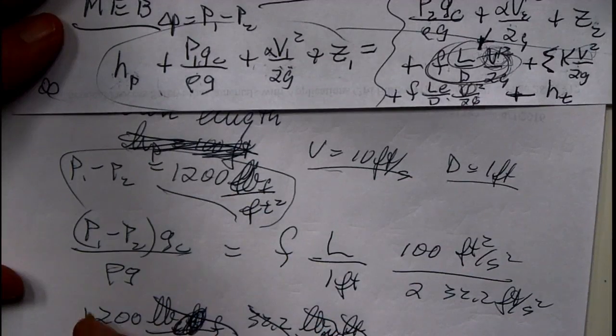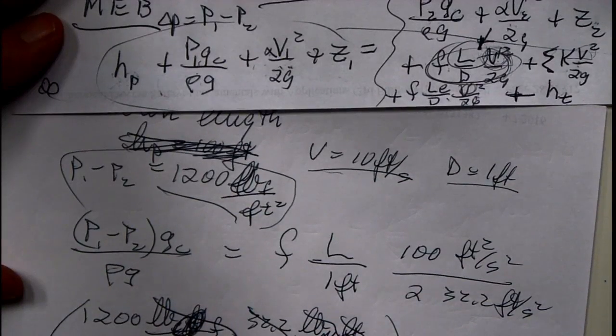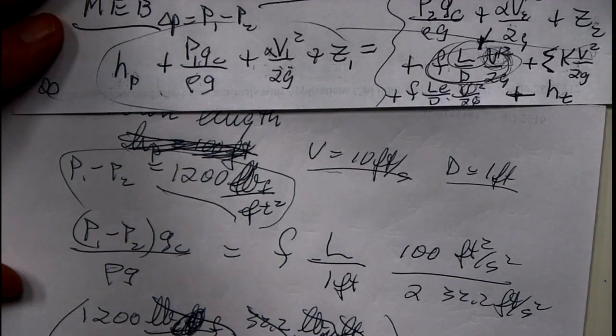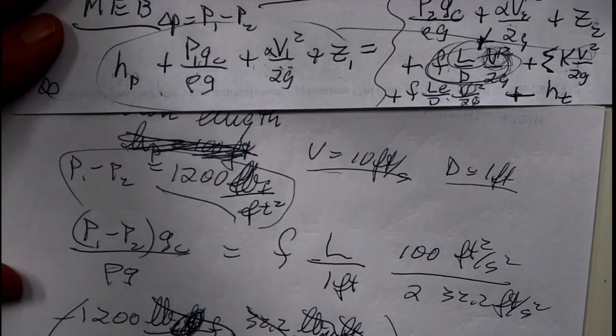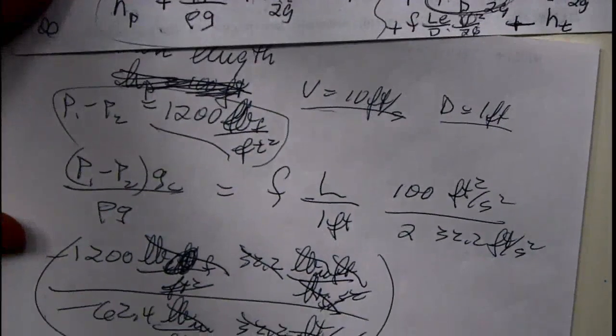When I clean this thing all up, I should get feet. And when I take feet cubed, I multiply top and bottom by feet cubed, and divided by feet squared, the feet cubed cancels feet cubed, feet squared goes into it, so I'll have feet coming out of this thing. And 60 goes into 1,200 about 20 times, right? So we got an approximate number of 20.